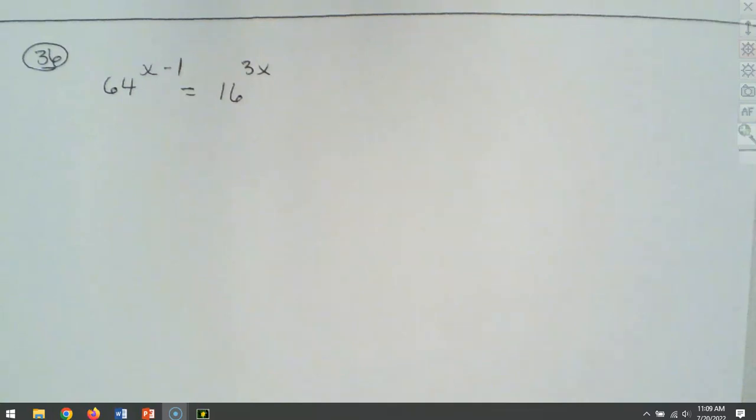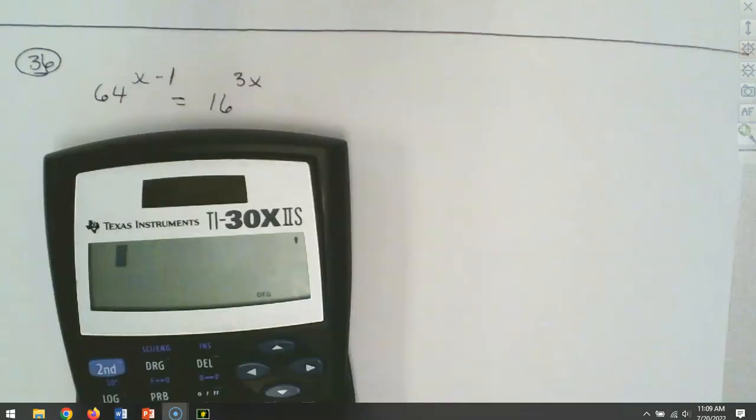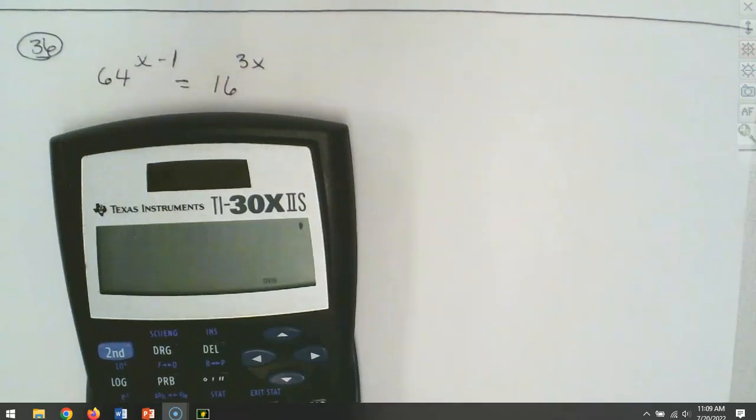What do I need? Well, I need to make sure that I can solve it for x. X is located as an exponent. So I need to make sure that my bases are the same. Now, if I look at 16, I can't make 16 come out to be that 64 because 16 squared is already too big, because 16 squared is 256.